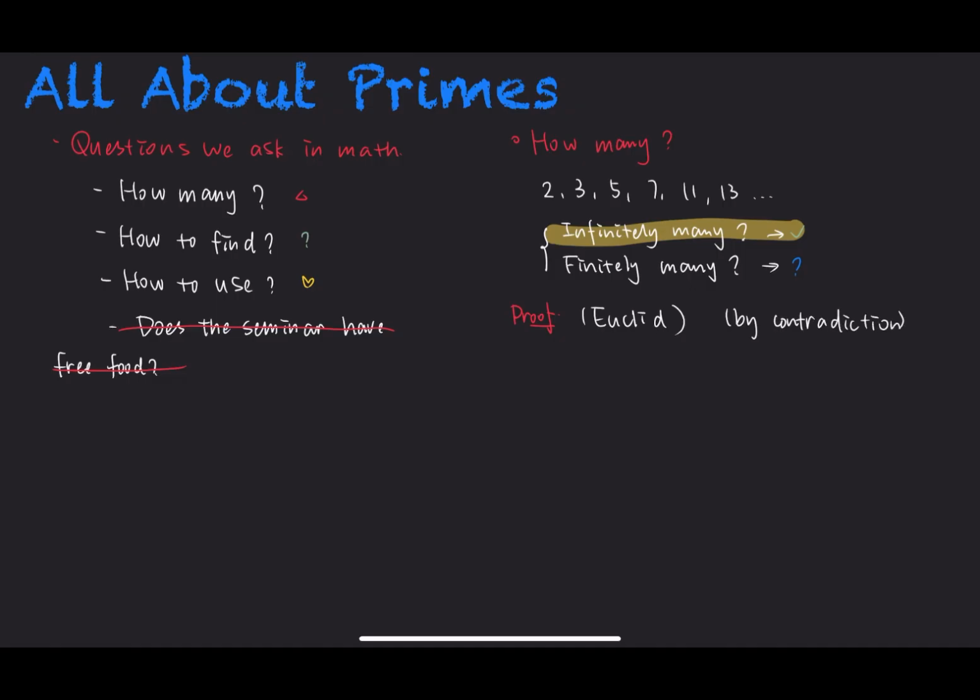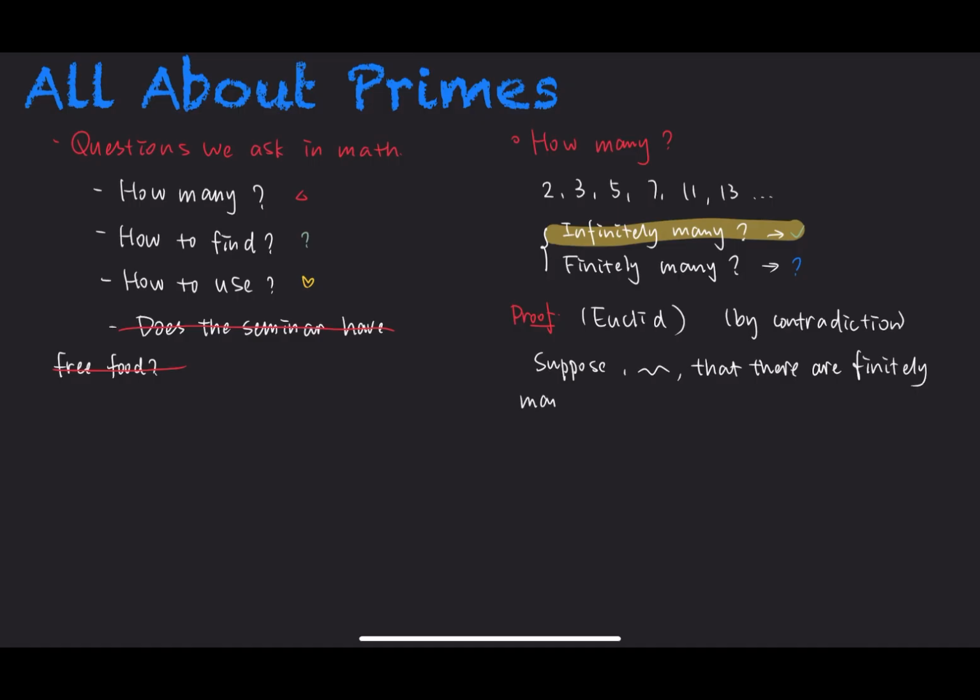Thanks to Euclid, we have this beautiful proof by contradiction that there are infinitely many primes. And what we do when we first start a proof by contradiction, we suppose that what we're going to prove is wrong. Suppose, for a contradiction, that there are finitely many primes. We're going to assume the opposite of what we're trying to prove, finitely many primes. It maybe seems counterintuitive, but bear with me. Then we can write all the primes out.